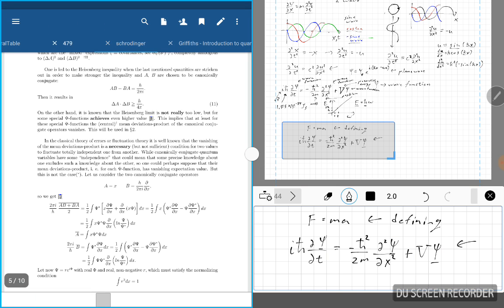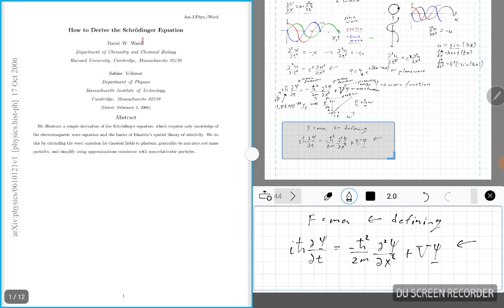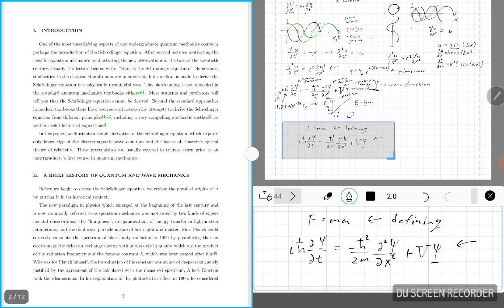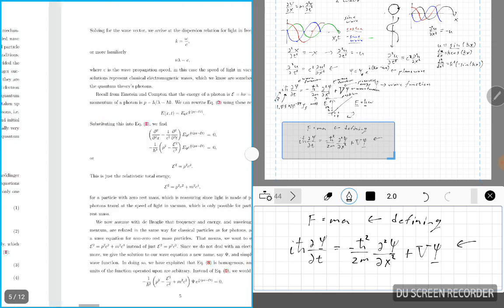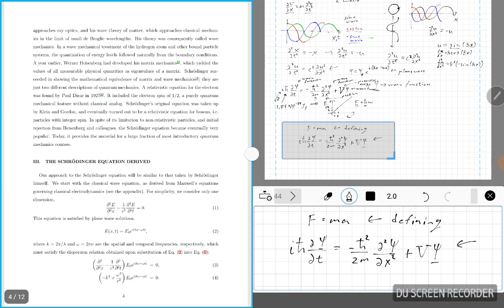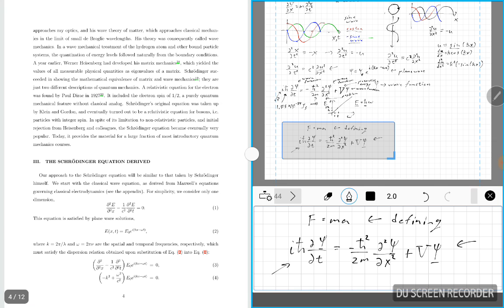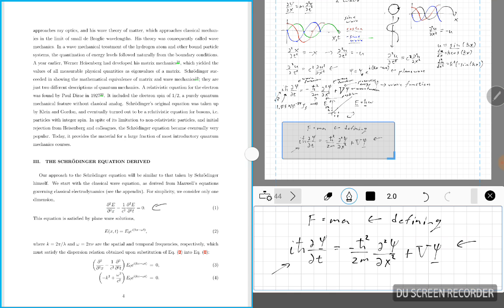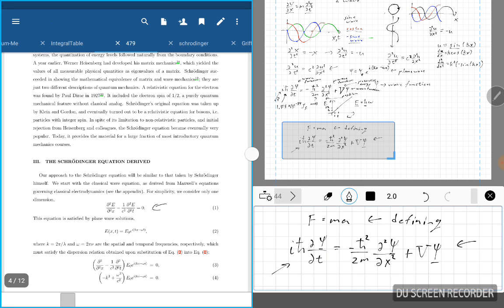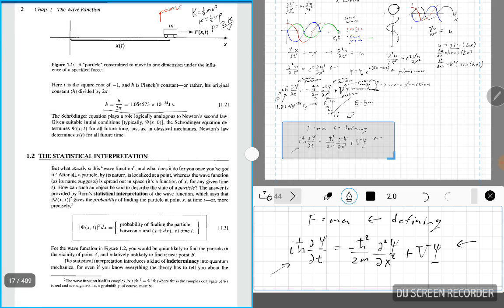There's an example here that was done by David Ward and Sabine Volkmar about how to get to this equation from looking at energy. So plugging in energy like of a photon from electrodynamics point of view. But for now, that is it on the very first section 1.1 of Griffiths.